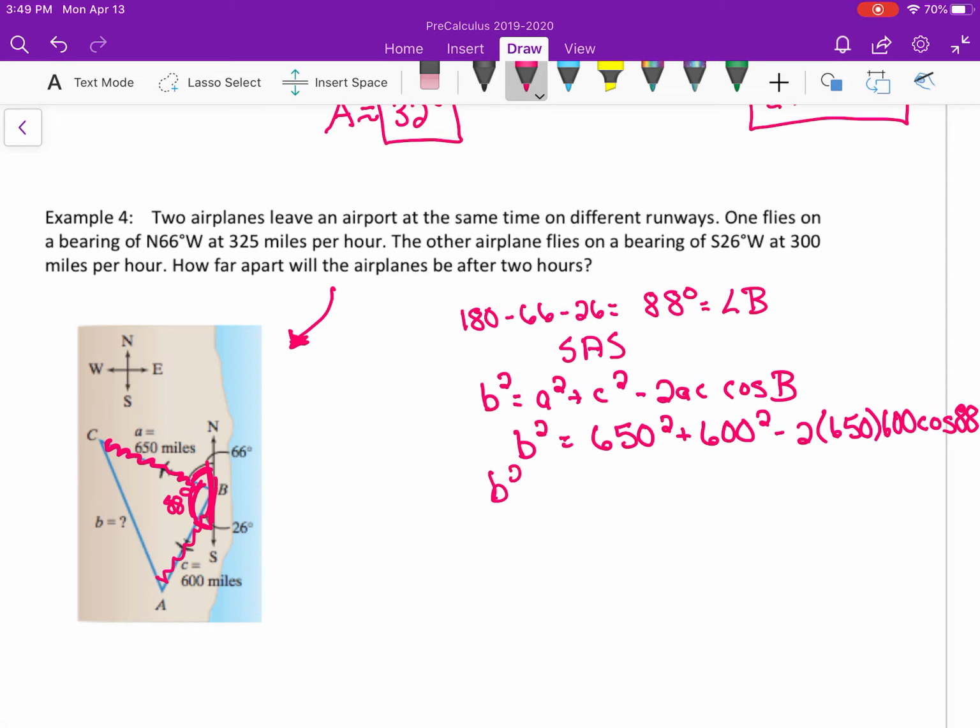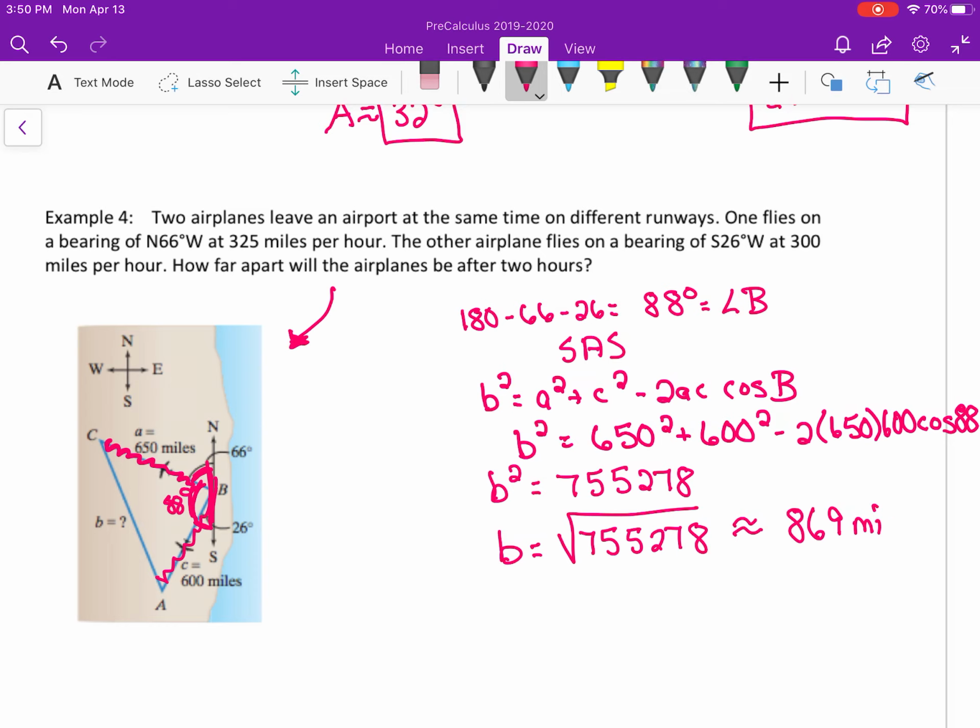Running out of room. So you end up with b squared is 755,278. So b equals the square root of 755,278, and that is about 869 miles.